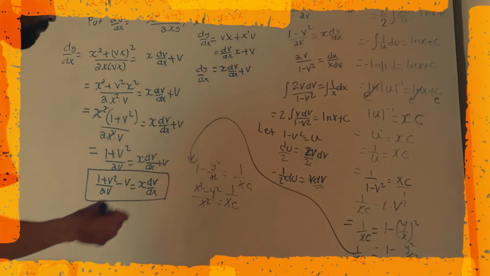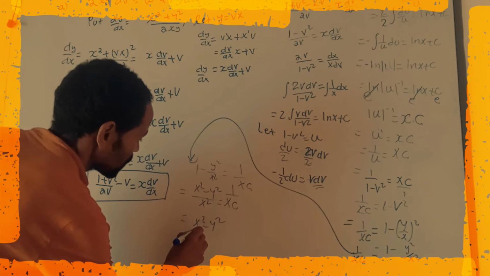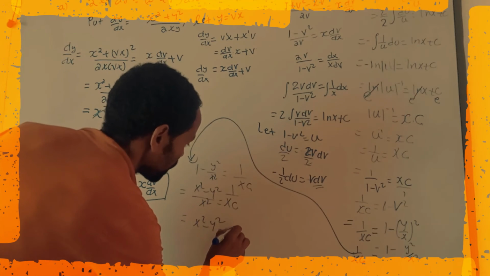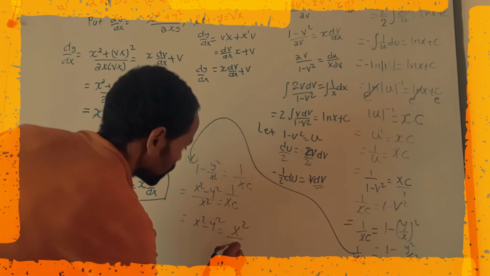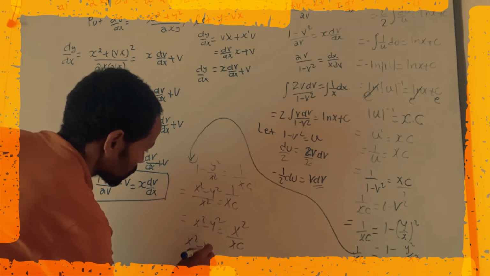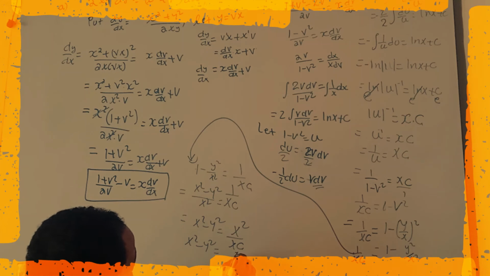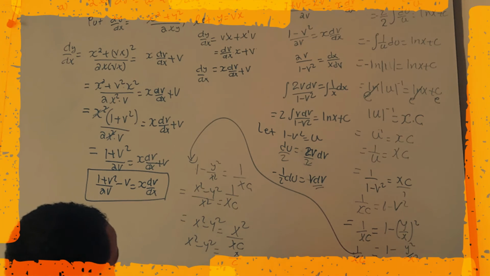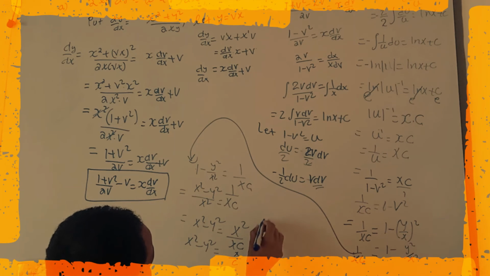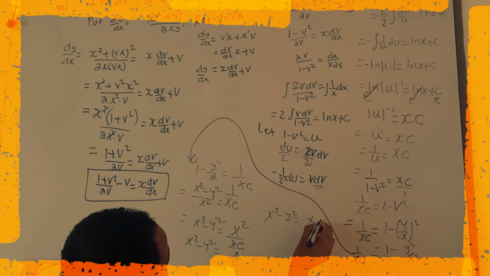Yeah, this is x squared minus y squared is equal to, cross, x squared over x times c. x squared minus y squared equals, just simplify that, x over c. Okay, x over c.